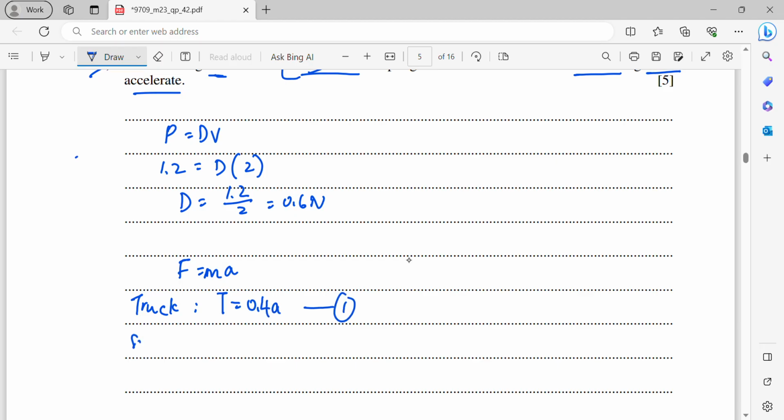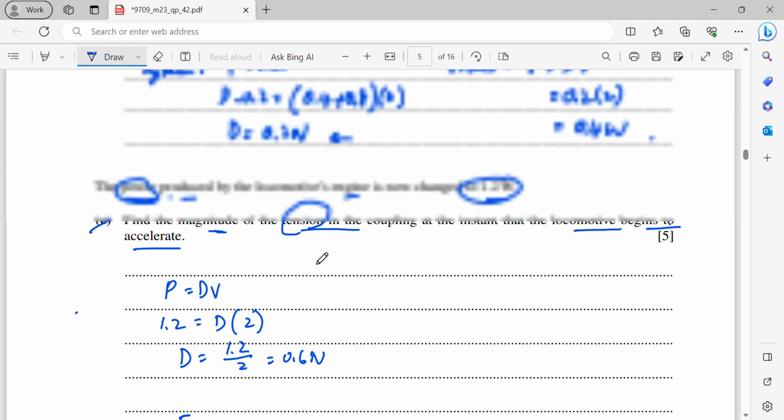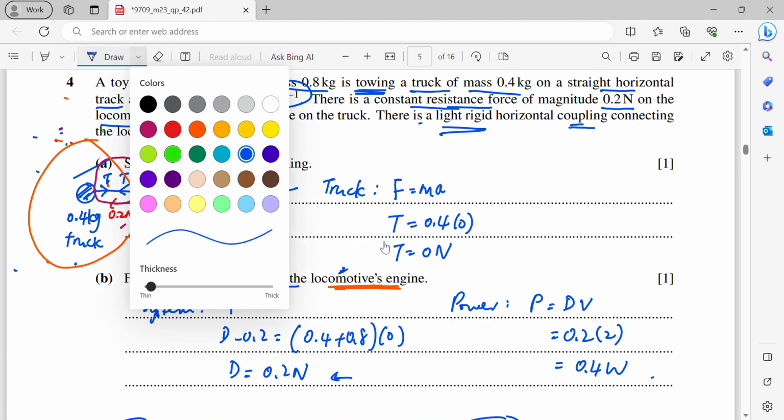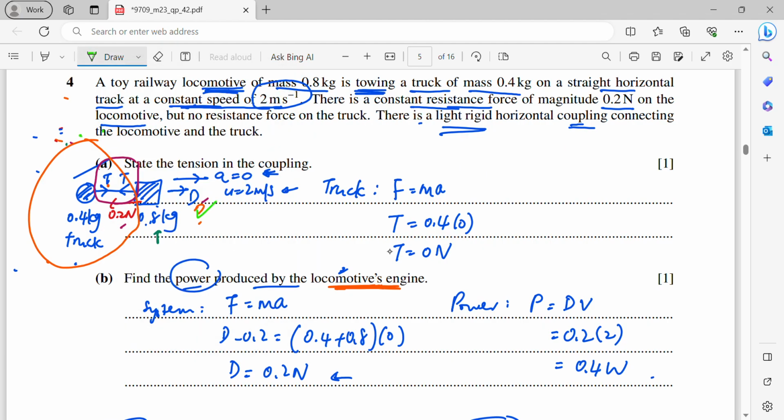Then now I will consider the whole system. When I consider the whole system, I will just consider the D and the 0.2 as my force. Then I have to find the resultant force. The T will be cancelled off because both will be balanced out.